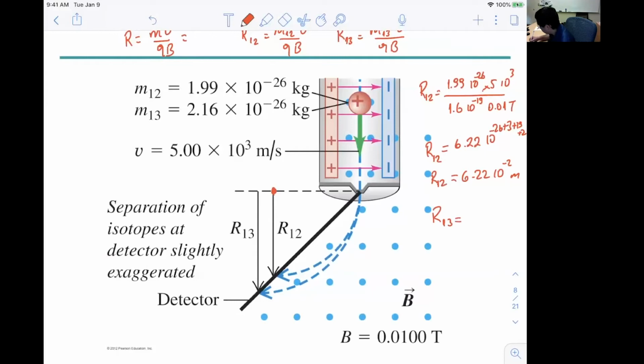For the other mass, 2.16, it's going to be 6.75 meters. It's about centimeters. So the first radius is 6.22 centimeters, the second one is 6.75 centimeters. So it's about 5 millimeter displacement, or distance, between the two radii.